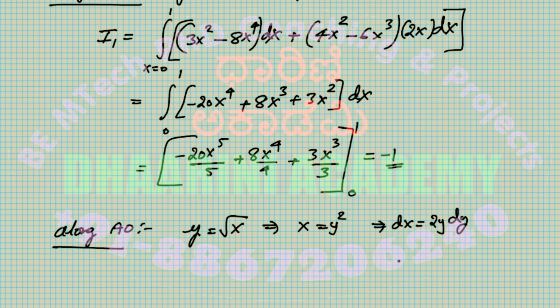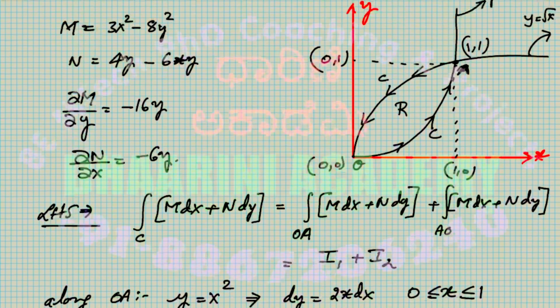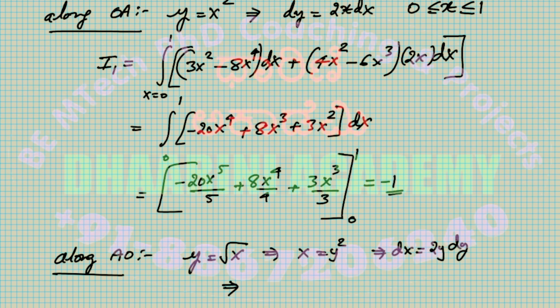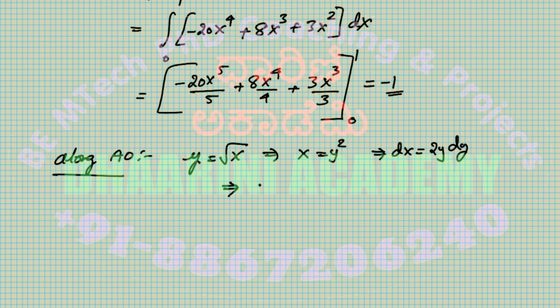Okay, so also I'll try to understand here in this A to O, what happens to y? Y is initially 1 and goes to 0, 1 to 0, correct? So y actually varies from 1 to 0. So 1 is the initial value, 0 is the final value. So limit will be 1 to 0, correct?